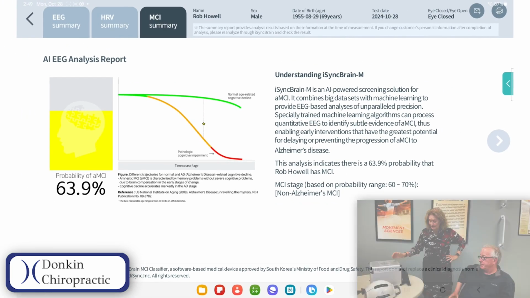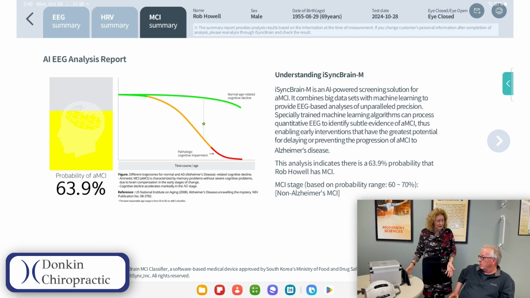Yeah. So, Rob, we've been through your report, and it gives you a greater understanding of what's occurring, but what you can also do, or the clinician can do, is go into the portal, into iSyncBrain, and there is a much deeper analysis as well of what you have there.